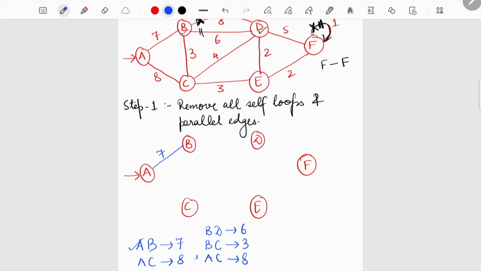Considering this option is also important. You cannot say that since we have moved from A to B, you cannot select AC now. AC is always an option.